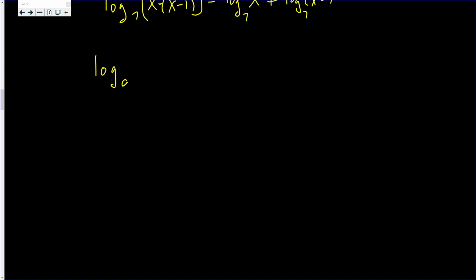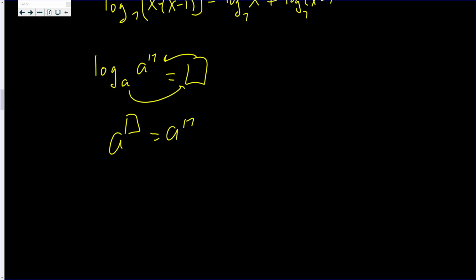You have log base a of a to the 17. There's a couple of ways you can do this. A to what power equals a to the 17? Well, a to the 17 is equal to a to the 17, so the answer is 17.